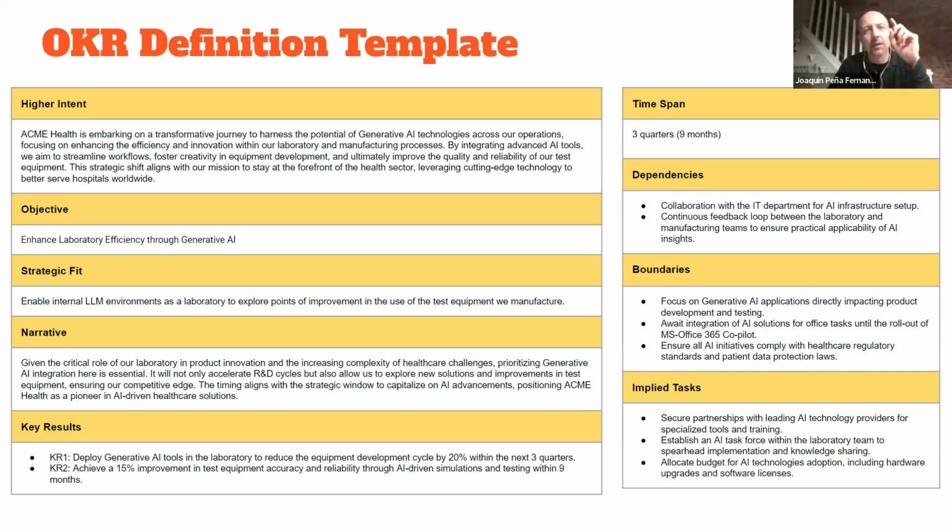Yeah, and before jumping on, I would like to also highlight the difficulty of defining the key results. And here, there are many factors related to return on investment that you need to calculate. So if I'm going to build something like a solution for LLMs for the laboratory, the key result is that it's going to reduce the development cycle by 20%.